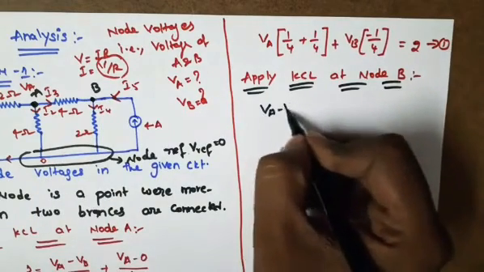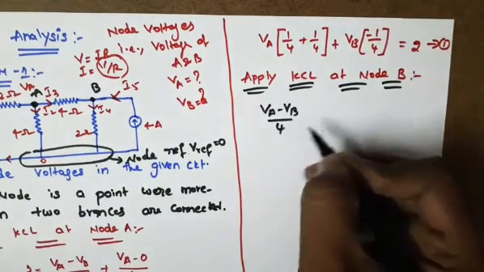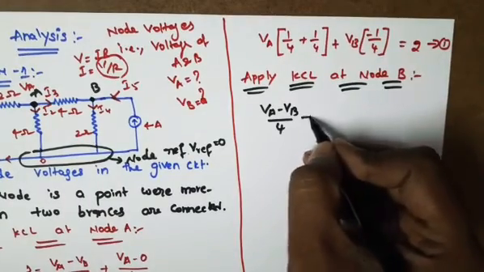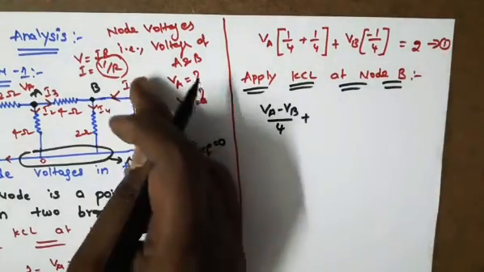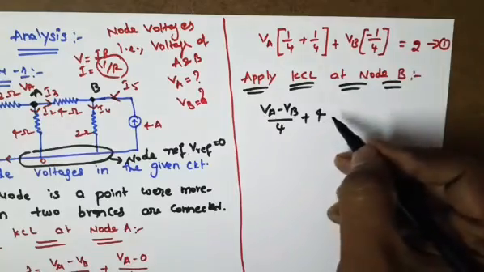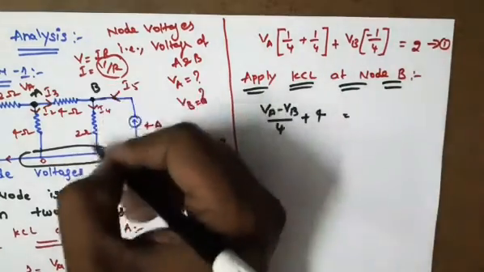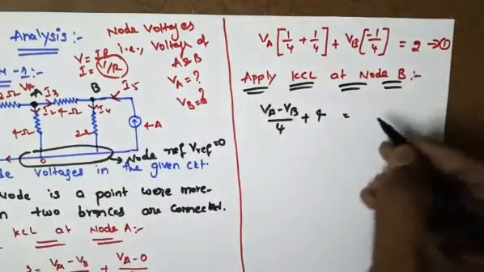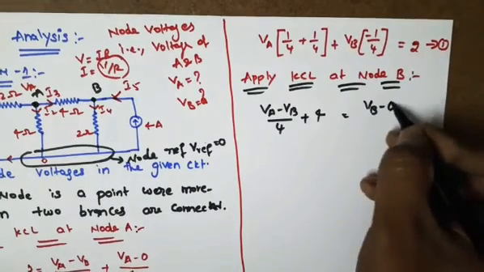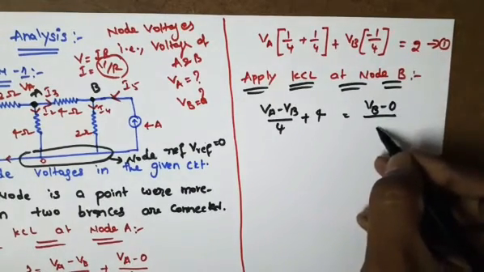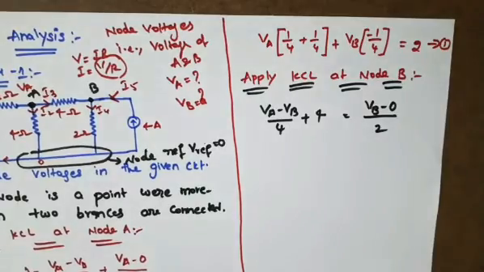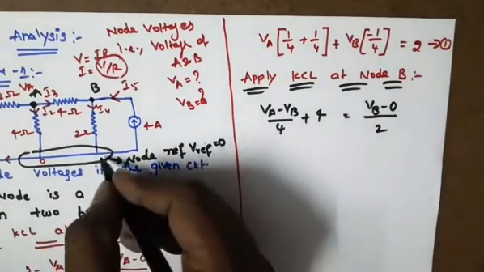So VA minus VB by 4, plus another incoming current I5, that is 4, is equal to the outgoing current from here, VB minus 0 by 2. Am I right? Why? Because it is a reference node.